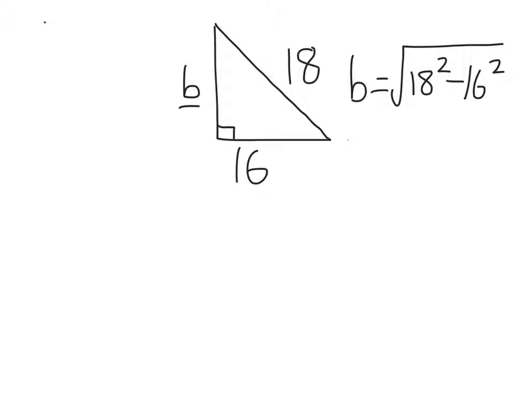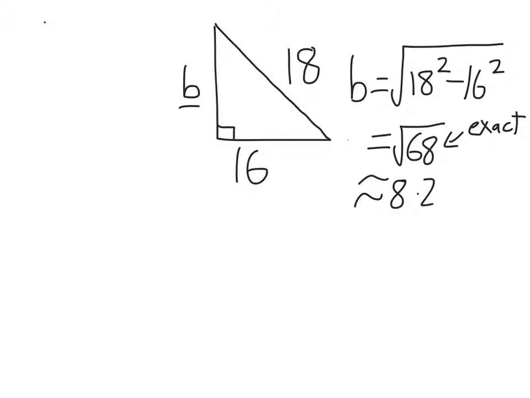Now this one doesn't give you a whole number, so if you're asked to give it as an exact value, this is the exact square root of 68. It has a decimal expansion that goes on forever. And so sometimes I might tell you to round the answer, so that is 8.25 to 2 decimal places. Okay, so that is a rounded answer. It's not an exact answer.